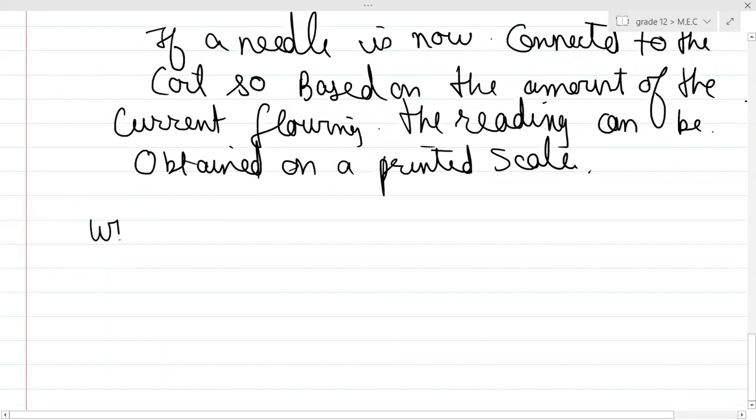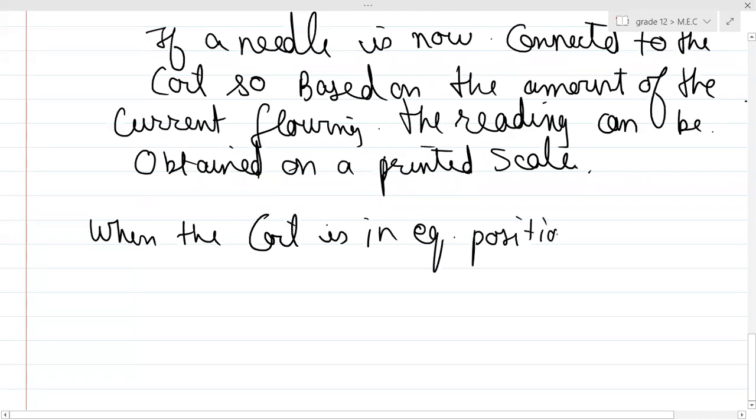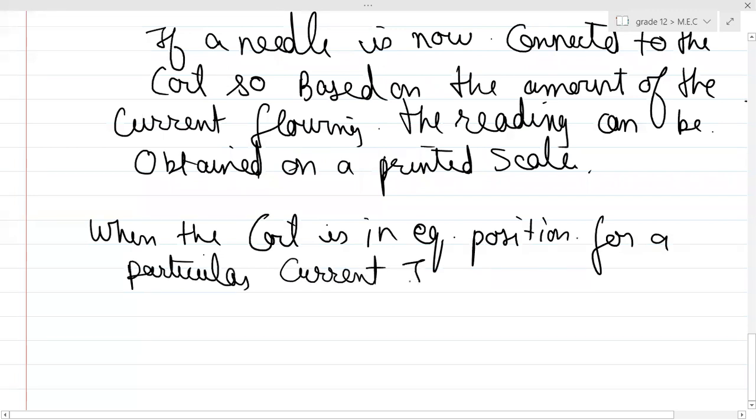So when the coil is in equilibrium position for a particular current I, at an angle theta, this theta is basically the twisting angle, okay?